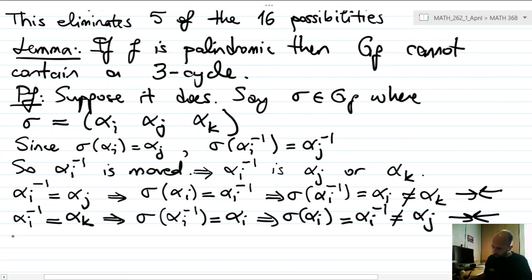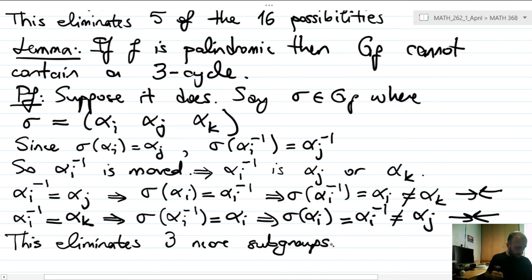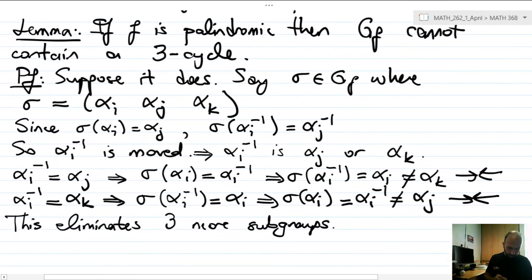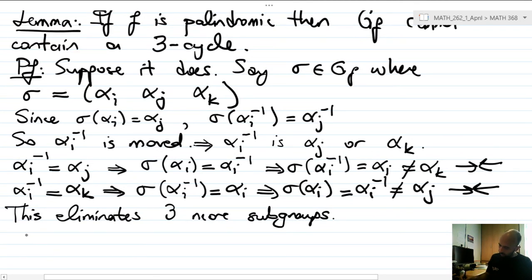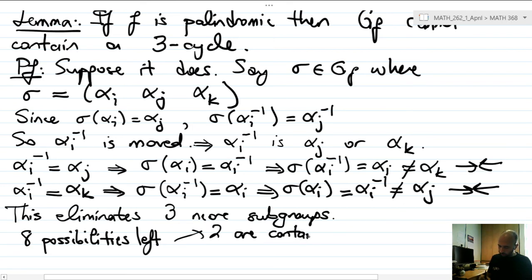So this eliminates three more subgroups, and we are left with 8 possibilities now. So 2 of these are contained in A6, you can check, and 6 are not.